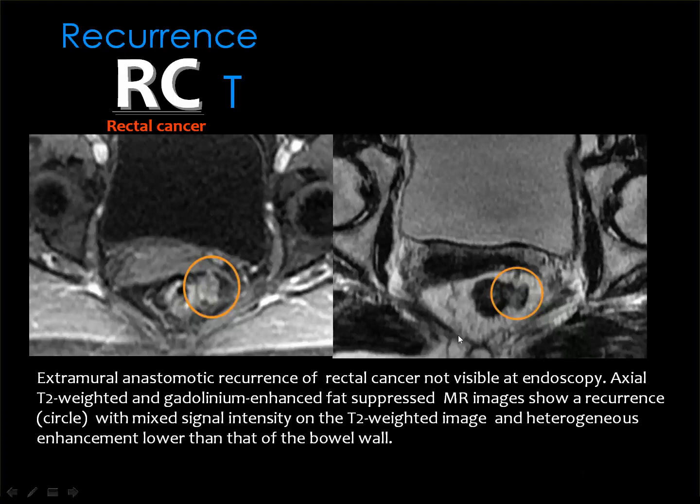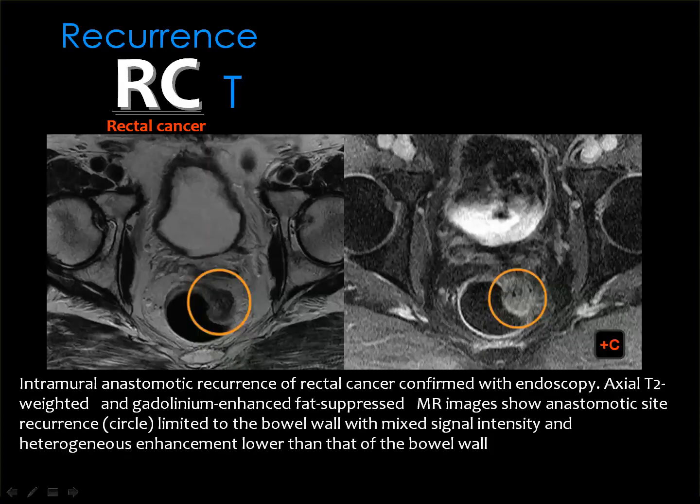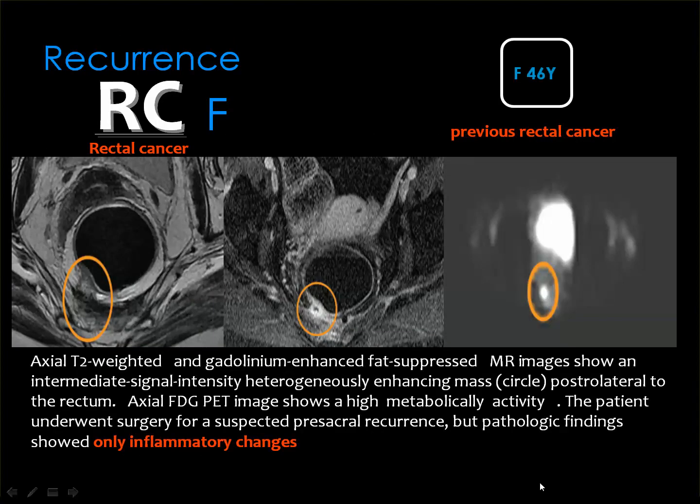This is the tumor in the T2 weighted image, and this is in the T1 post contrast, and you see enhancement of the lesion. Another example of local recurrence: you see the low signal intensity of the tumor in T2 and the enhancement after injection of contrast material.